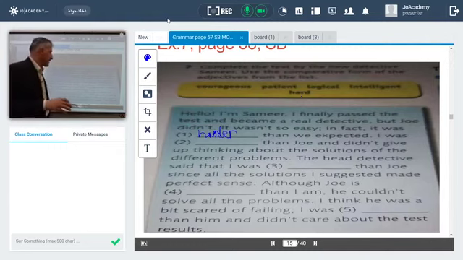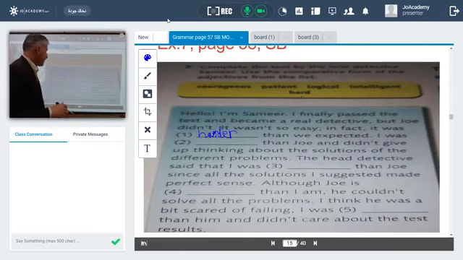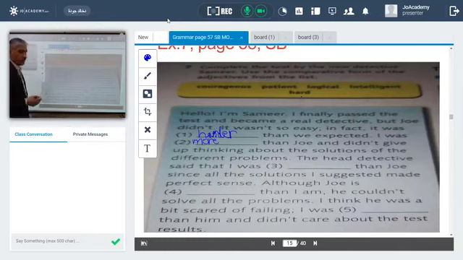I was blank than Joe. So what do you think we need to put here? Yeah, we need to put more. And what's the adjective we need to put with more? Is it courageous, patient, logical or intelligent? I was more patient.